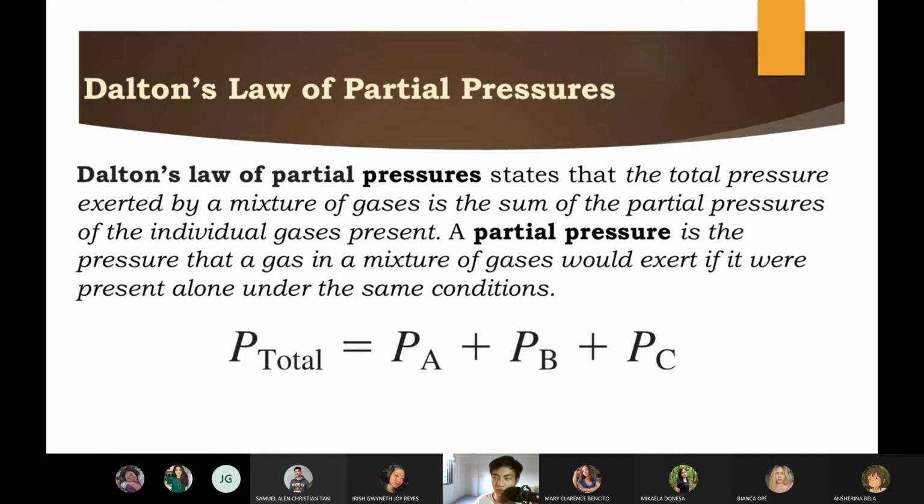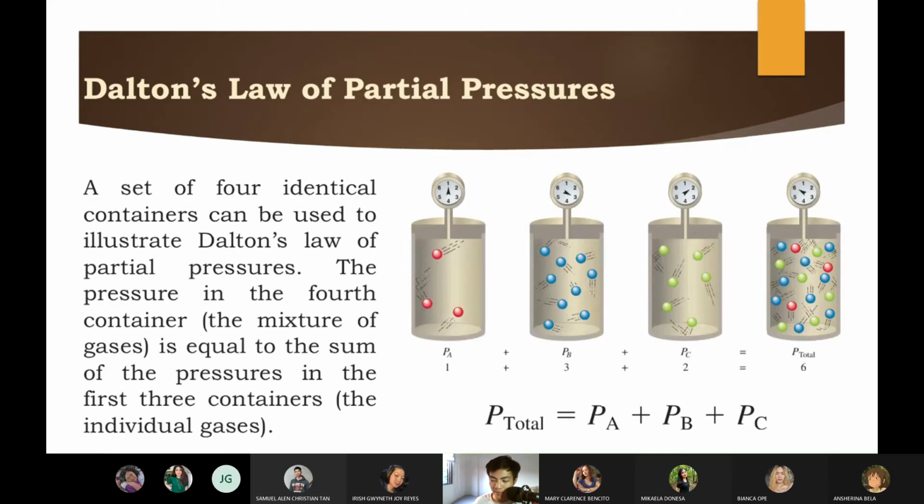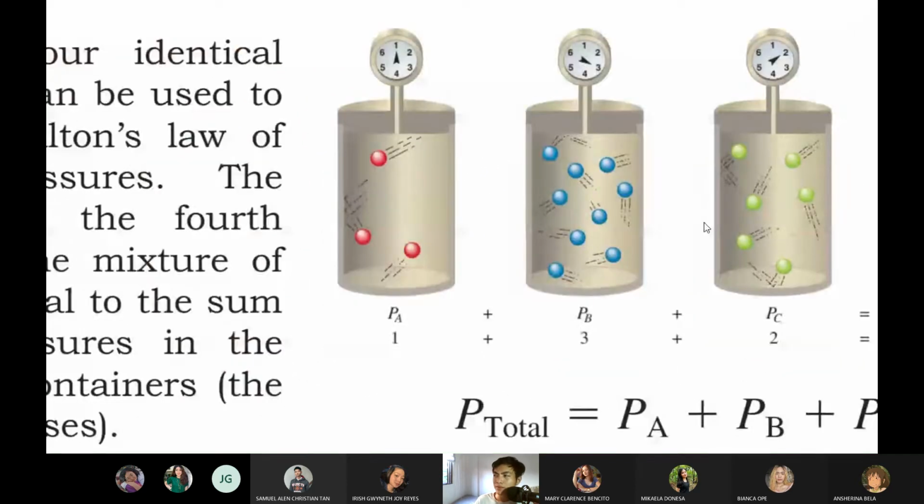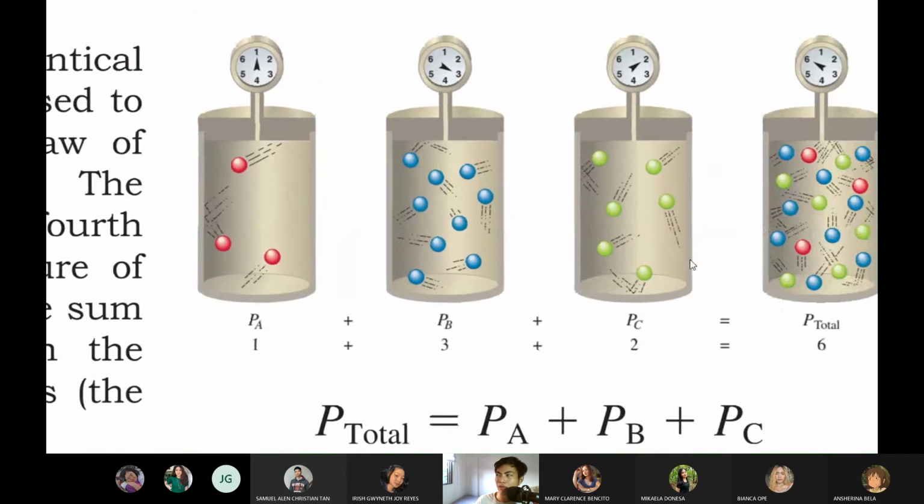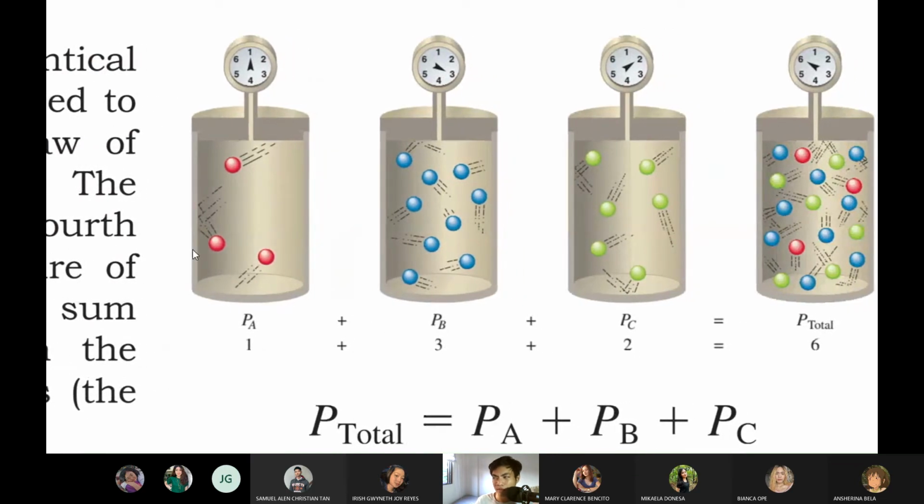In equation, that's P total equals PA plus PB plus PC, so on and so forth. Okay? So this is one example. Kunwari, we have this gas mixture, this gas mixture, this gas mixture. Pag pinaghalo-halo natin yan, the total pressure will be the sum of all the partial pressures. So yun lang yung kwento ni Dalton.